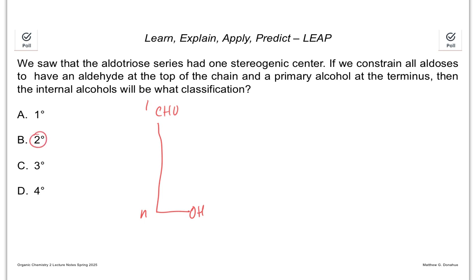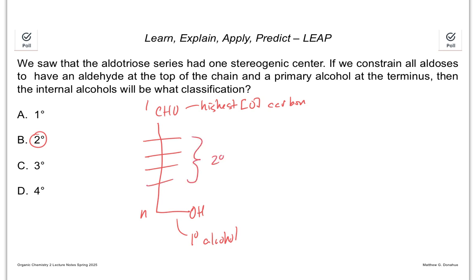So they all have to be secondary. And the reason I bring that up is, again, this is the highest oxidized carbon. The last carbon is a primary alcohol. And then anything in between has to be a secondary alcohol.